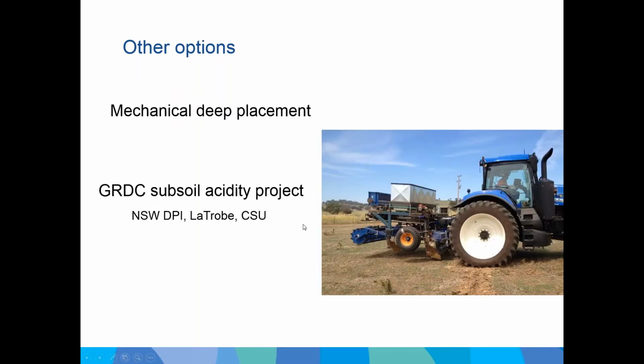And so we've got a trial led by Guandi at DPI here. I'm involved in it, with others from CSU and partners at La Trobe as well, which is basically ripping in amendments. So we can put organic amendments or different liming agents down the tubes at 30 centimetres into that acid subsurface layer. But of course, it takes a fair bit of horsepower to do that.